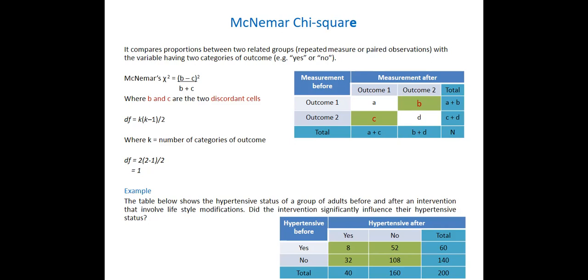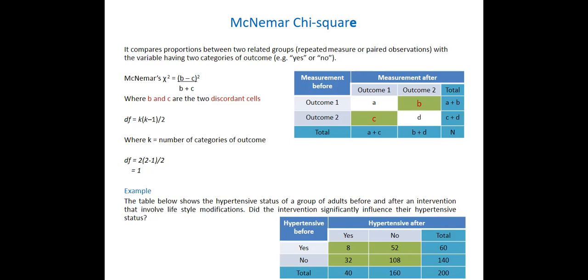Inside the four cells, just like Dr. Ati explained yesterday, we have two discordant and two concordant. Which are the two concordant? The 8 and 108. Yes, because 8 people were hypertensive before and were still hypertensive after.